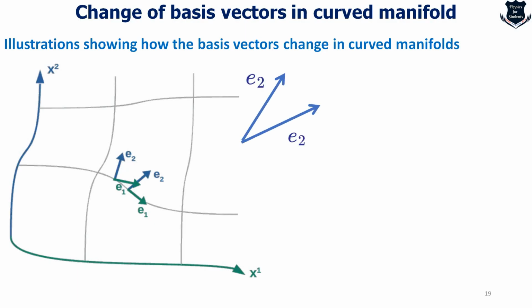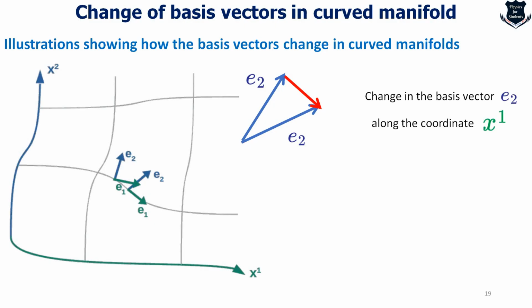If I now take this basis vector E2 and look at how it changes, a small change in a vector along its coordinate axis is simply the partial derivative with respect to that coordinate. What I am drawing, this red line, is basically the difference. So the change in the basis vector E2, the blue one, along the coordinate axis x1, the green one, is given by partial E2 with respect to partial x1, the coordinate x1.